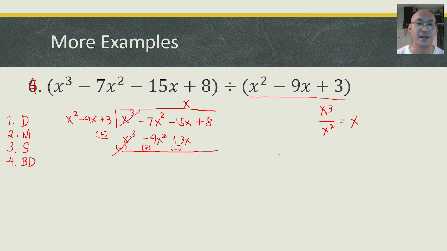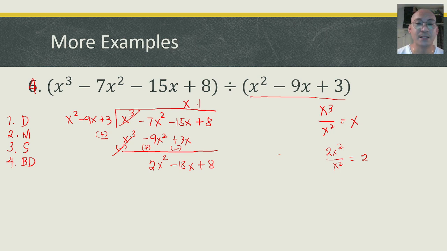Negative 7 and positive 9 will give us a 2, followed by x squared. Negative 15 and negative 3 is negative 18, followed by x. And the last step is to bring down positive 8. Again, step by step, divide the first terms. 2x squared divided by x squared is simply 2.